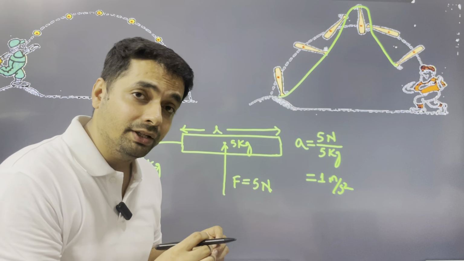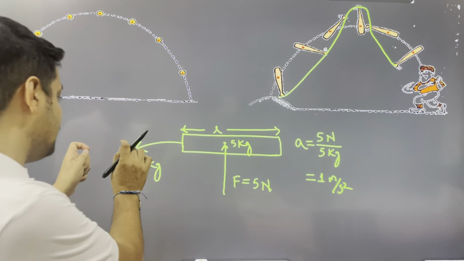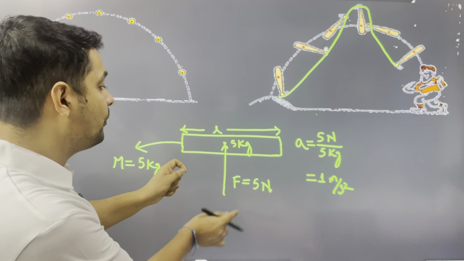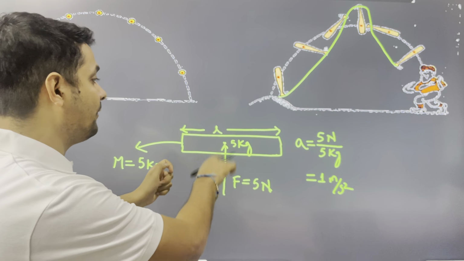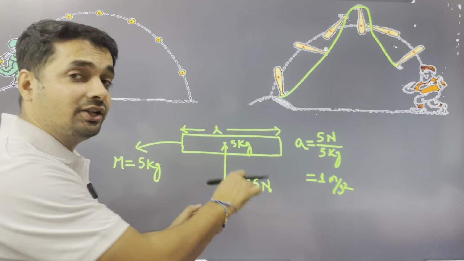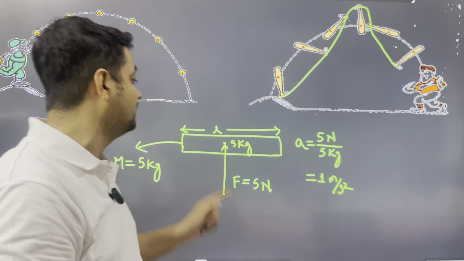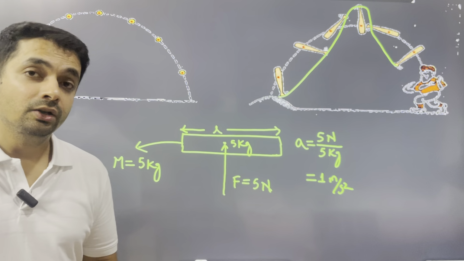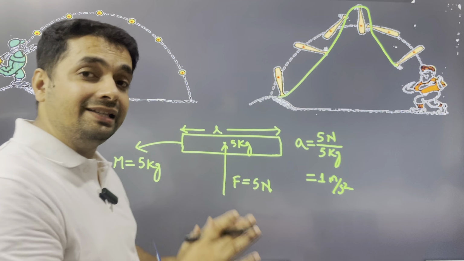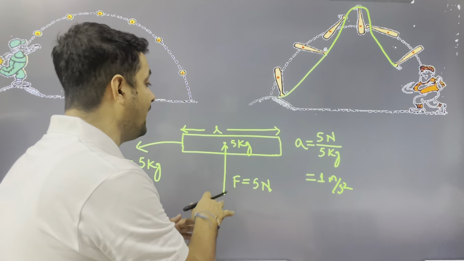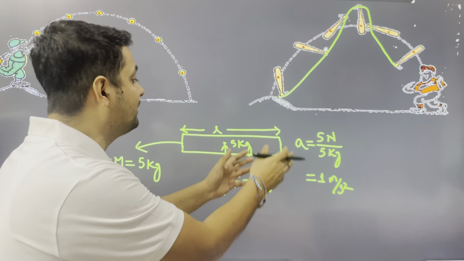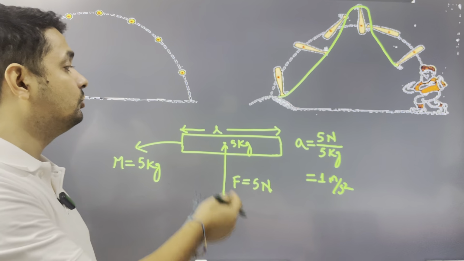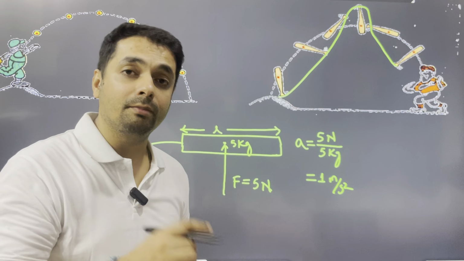So see what I have done. I just concentrated the whole mass at this point, and when I apply the force at this point and find the acceleration, that acceleration is not only the acceleration of this point, it is the acceleration of the whole body. So by concentrating the whole mass at this point, I can easily find the acceleration of the whole body. And this point is known as the center of mass.